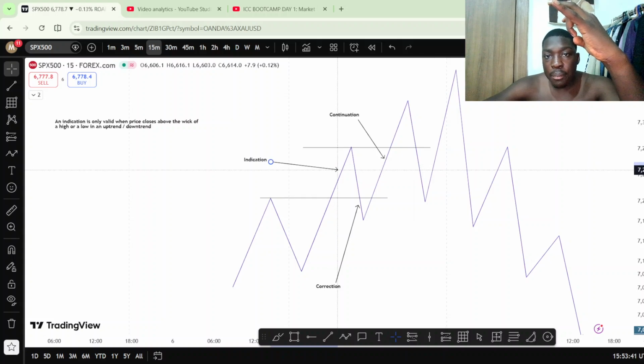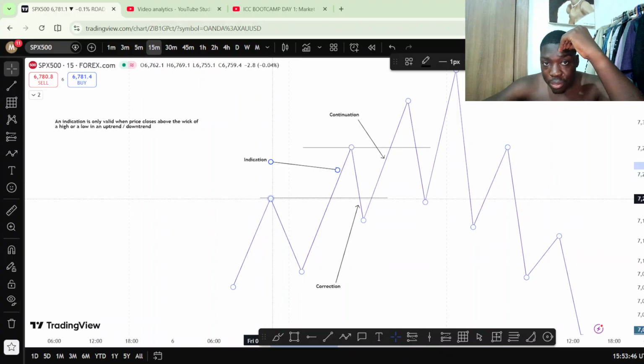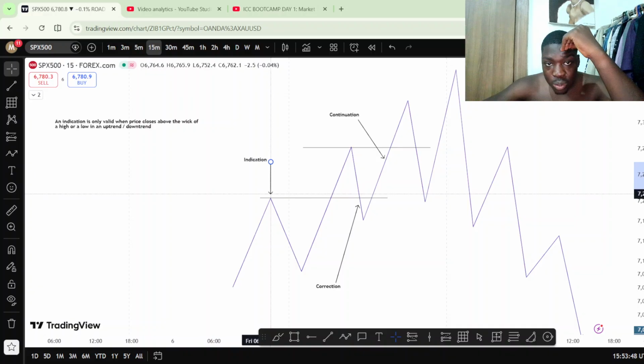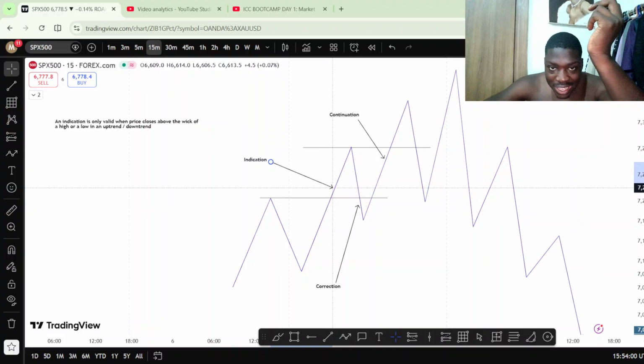It has to close above this wick. It must close above the wick of this candle. If it doesn't close above the wick of this high, then it is not valid. If it just hits the wick and closes back here, we've still not gotten an indication. Price is just having a double top. Price must clearly indicate. I don't care how small it is, the indication must be clear. Cool.